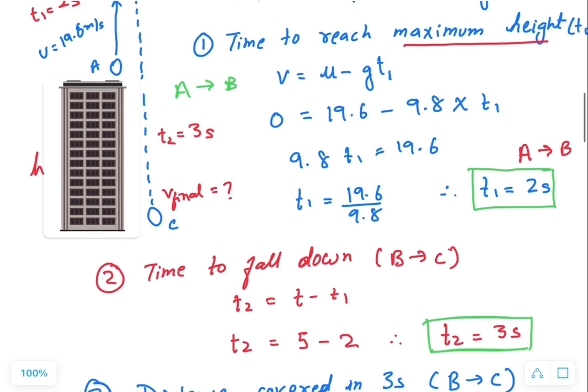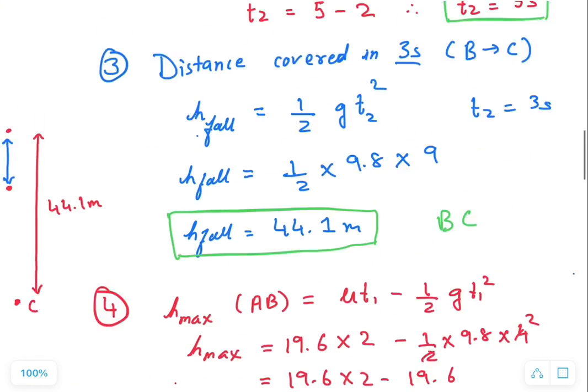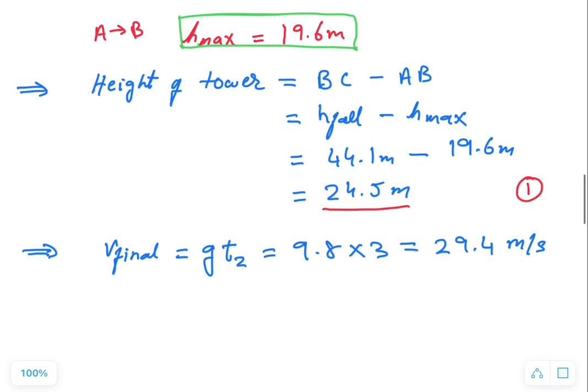T2 is 3 seconds. So on substituting, you will get 9.8 multiplied by 3 equal to 29.4 meters per second. This is the final velocity just before it touches the ground. This is our second answer.